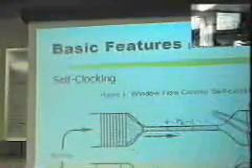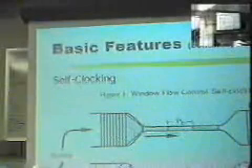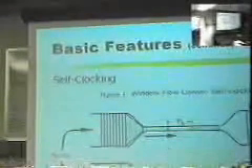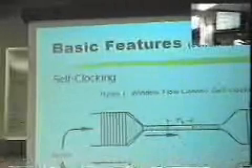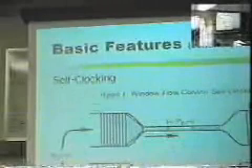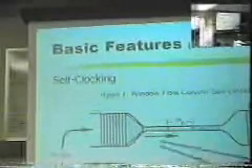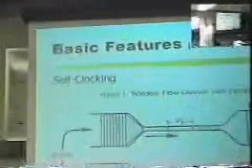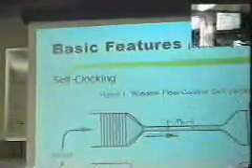So the whole flow is self-clocking. It means your send speed is controlled by the speed at which you receive acknowledgements. The faster you receive acknowledgements, the faster you can send. This is called self-clocking.